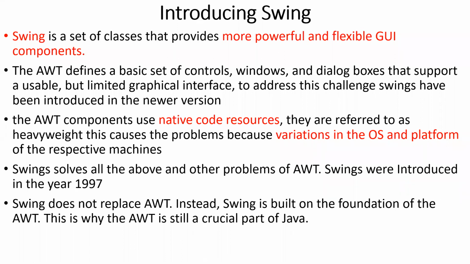From there, Swing has been invented by adding some extra features, because AWT has some problems: it depends purely on the machine's native code resources and computer resources, so AWT has some limitations.